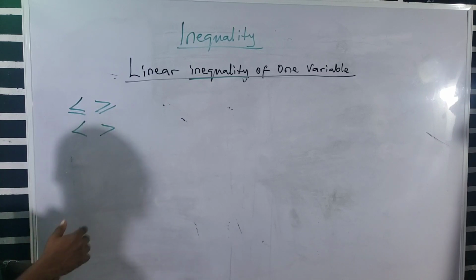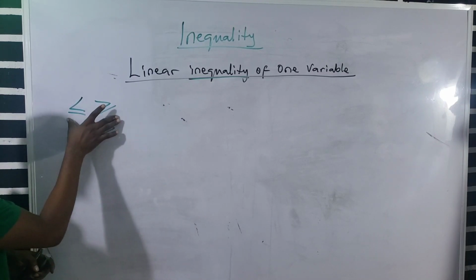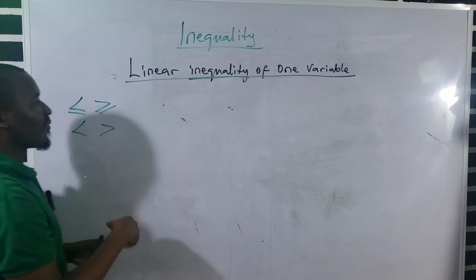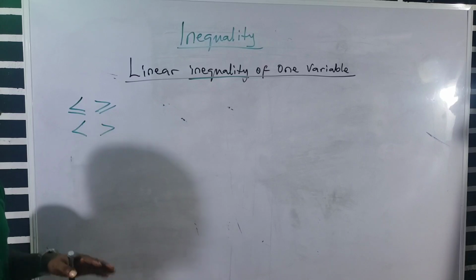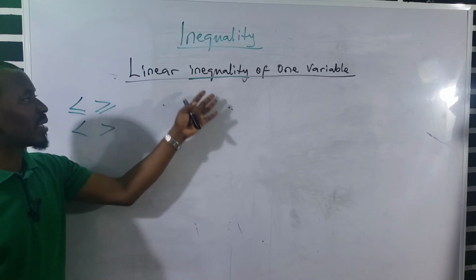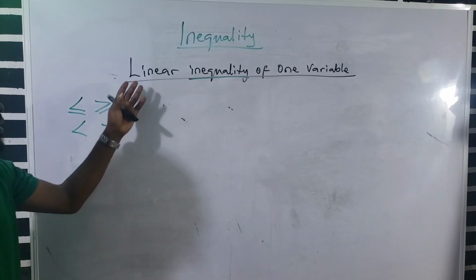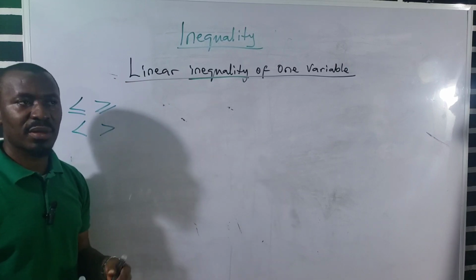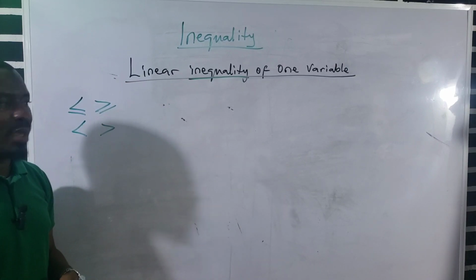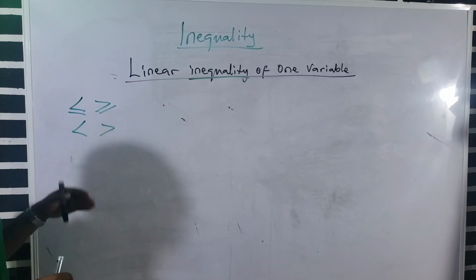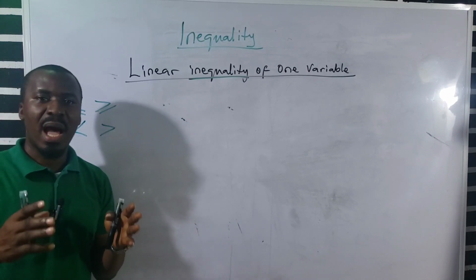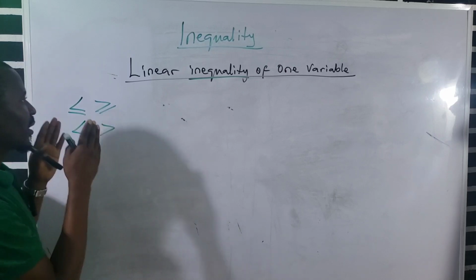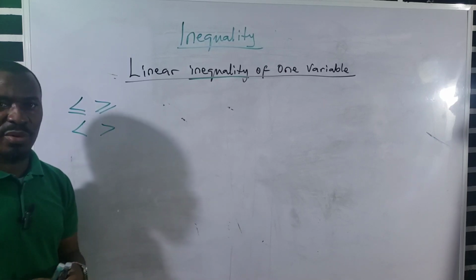So the use of these signs instead of the equality sign is what makes it different from linear equality of one variable. Okay, so we are going to solve examples, but the question now is, how do we solve linear inequality of one variable?